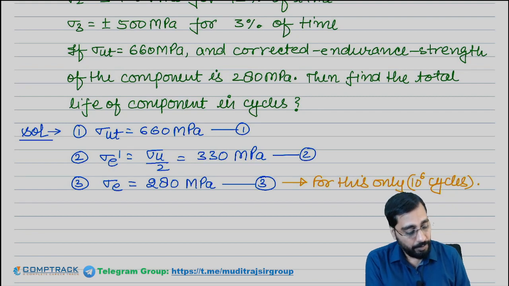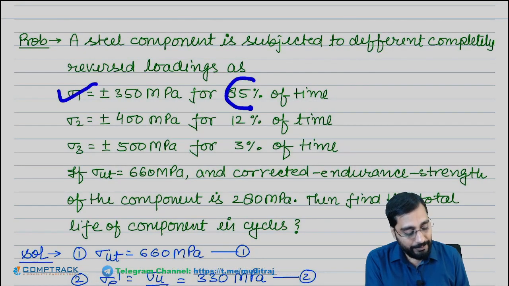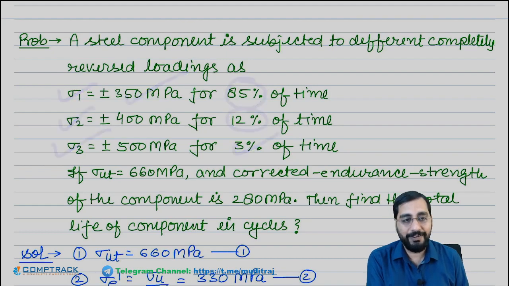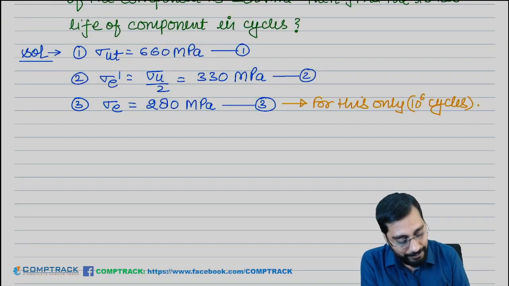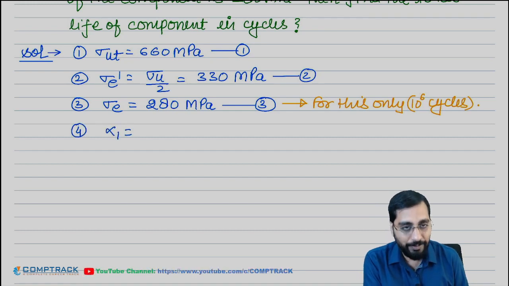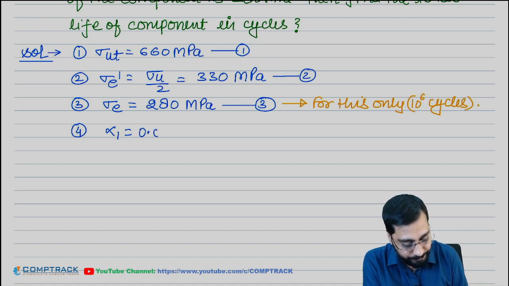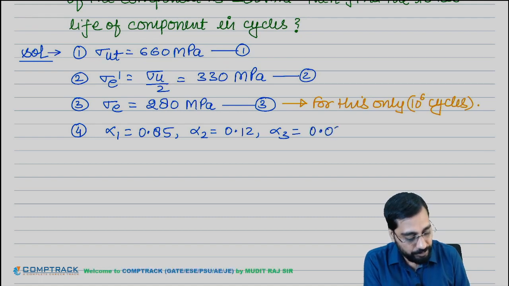But sigma 1 given for 85% of time, sigma 2 given for 12%, 3% like this. So here you will find the value of alpha 1, alpha 2, alpha 3. Alpha 1 will become 0.85, alpha 2 will become 12%, 0.12, and alpha 3 will become 3%, 0.03. That's it.